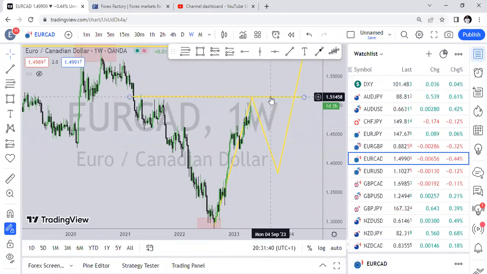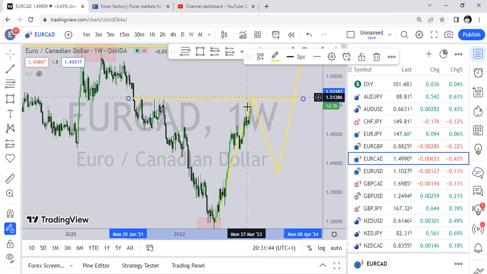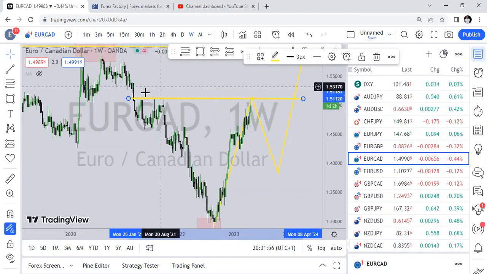But we expect that before that pullback will happen, the market needs to go above these old highs here. The market needs to go above these old highs.